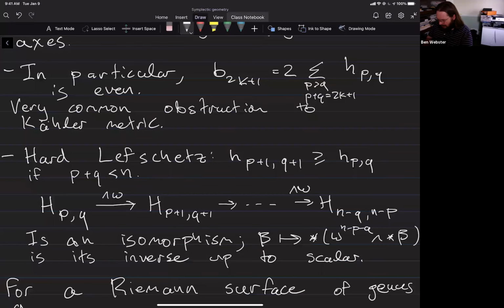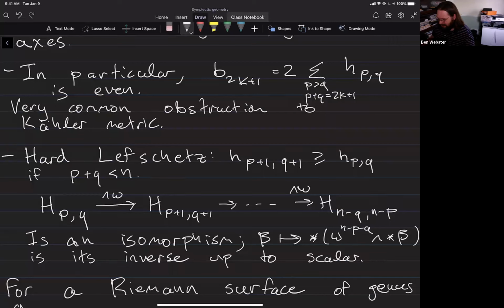And so I get these maps, and then I have a map going back the other way, which is star: first wedge with the symplectic form a bunch of times, and then star again, right? That will take me back in the other direction. And I can show that composing those gives me an isomorphism from H^{p,q} to itself.